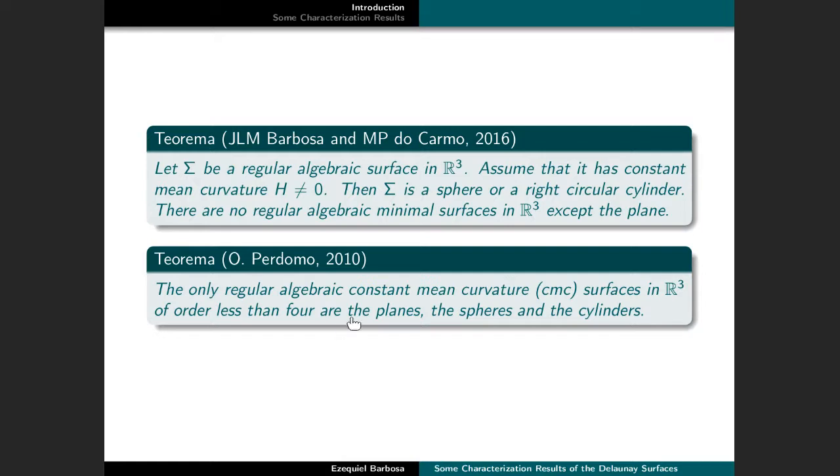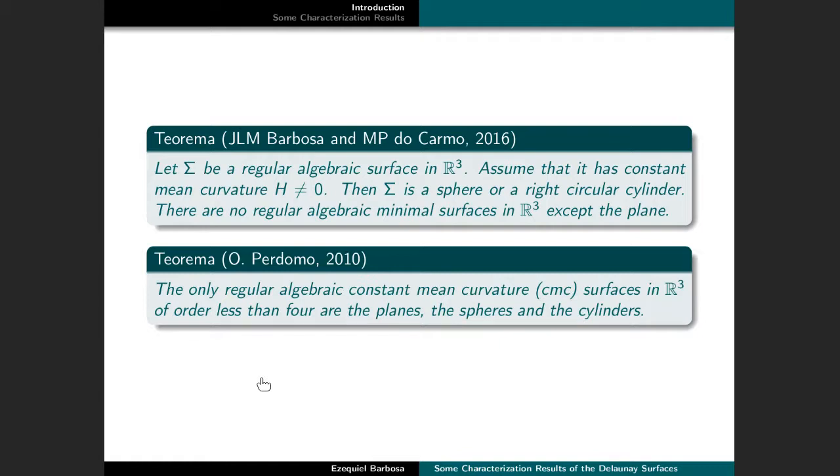And regular algebraic surface here is in the sense that the surface is a level set of a polynomial function, and the gradient of this polynomial function is not zero along this level set. This is what I mean by regular algebraic surface.